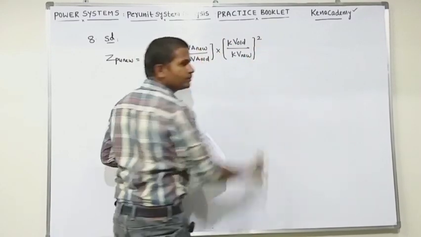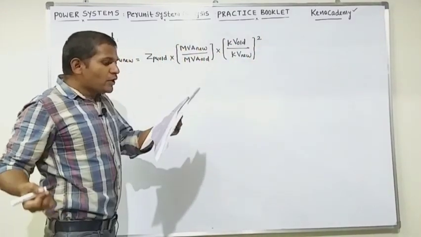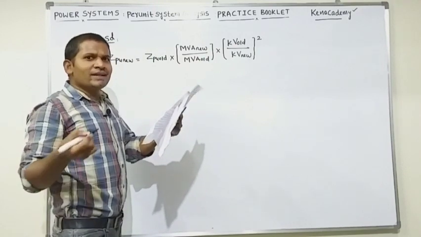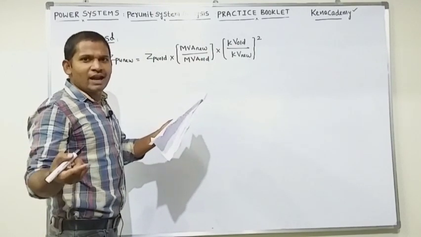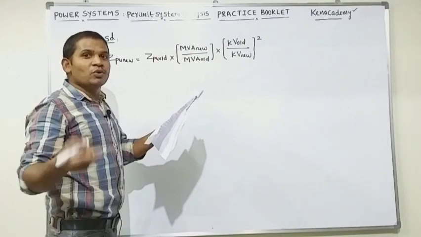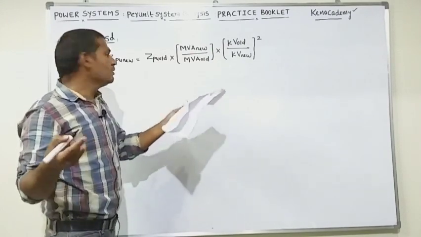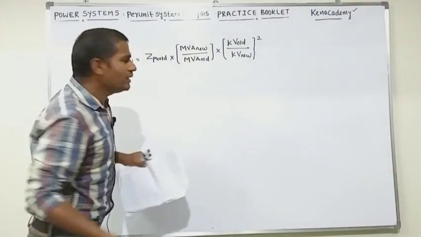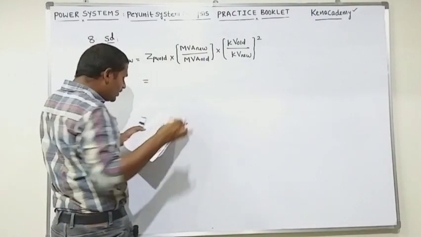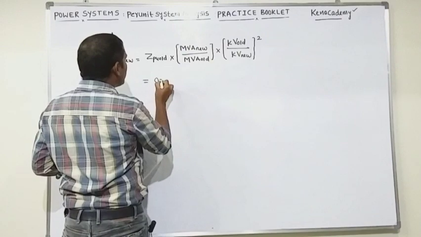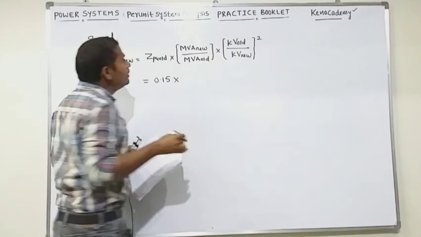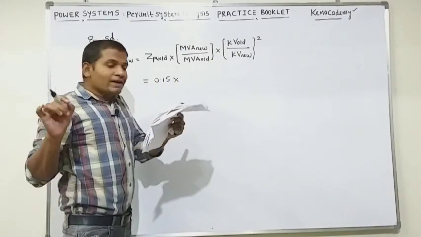This formula you know. Initially, what is the per unit impedance value? Here the impedance is not mentioned, but one circuit element is mentioned. That's why I took that circuit element as impedance. Any one circuit element you can take. Then what is the Z per unit old? Z per unit old is 0.15 into what the data given.